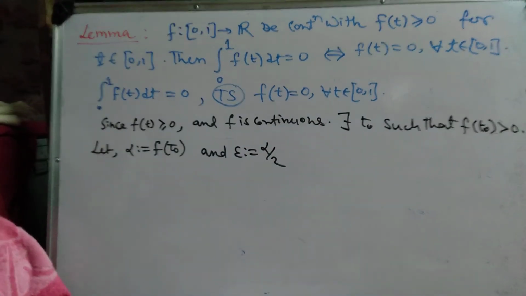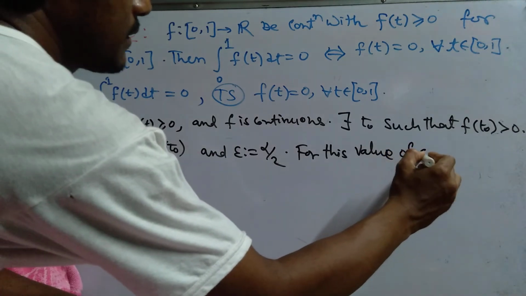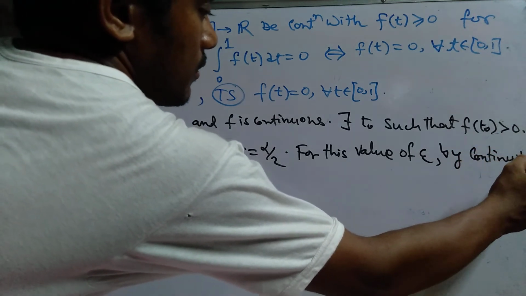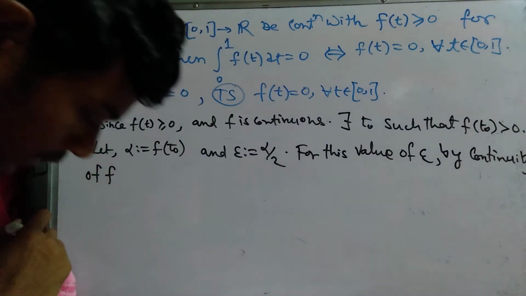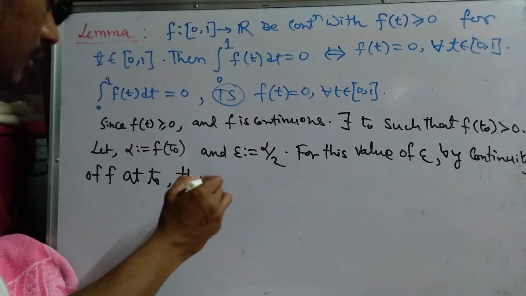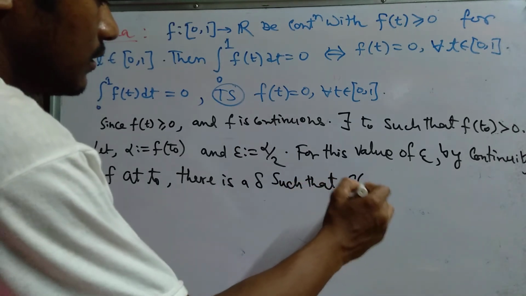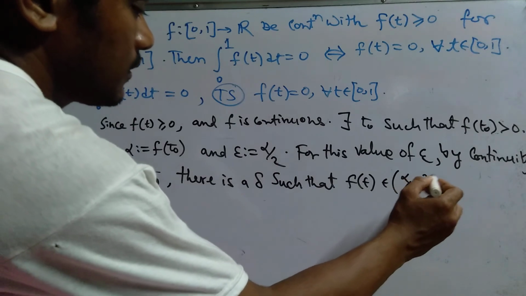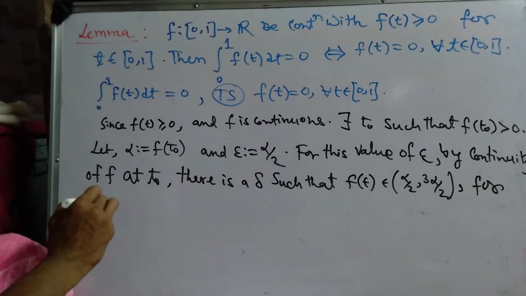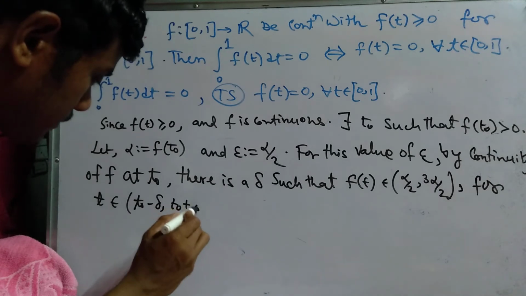For this value of epsilon, by continuity of f at t0, there is a delta such that f(t) belongs to (alpha by 2, 3 alpha by 2) for t belongs to (t0 minus delta, t0 plus delta).